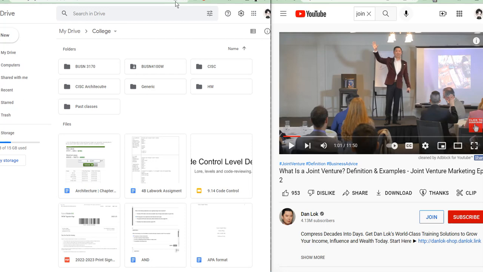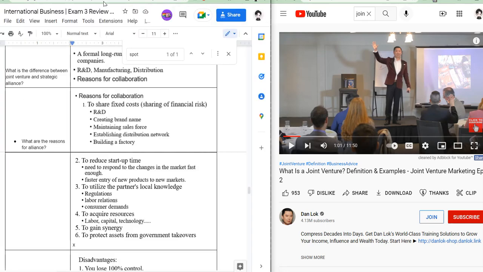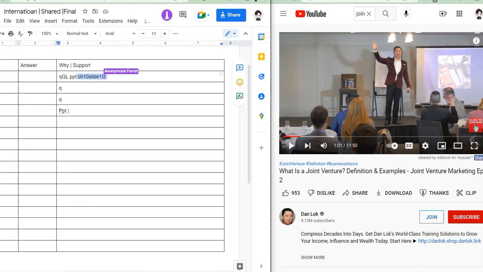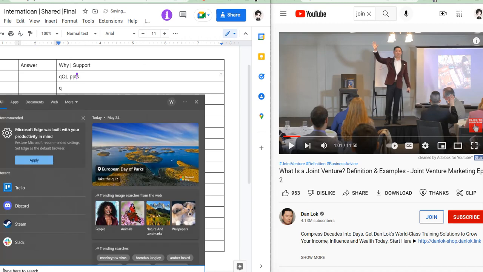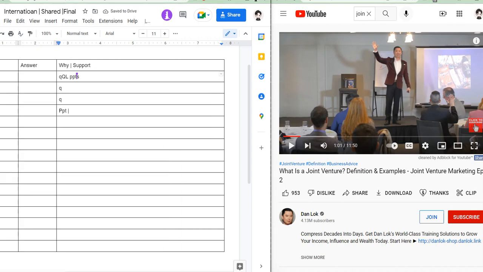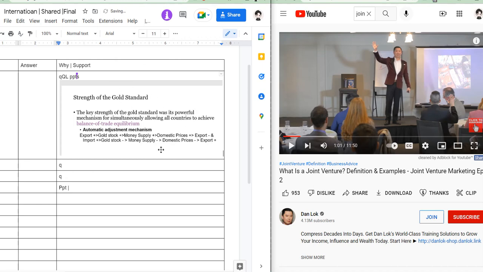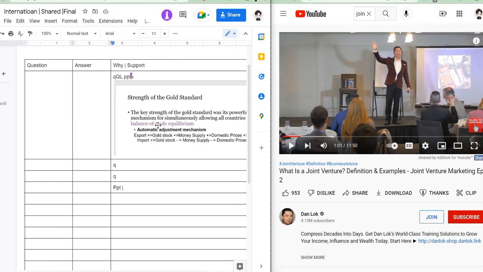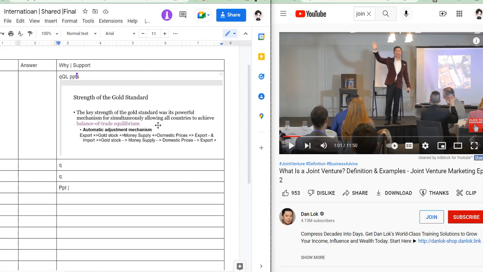If you found it in the PowerPoint, just write like chapter 10, slide 10. Because when I screenshot it, it has to be saved and then I have to drag it in.